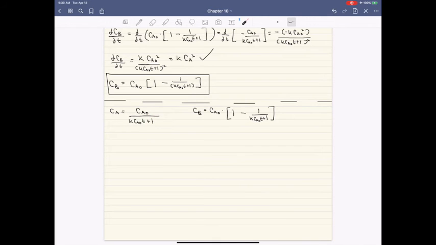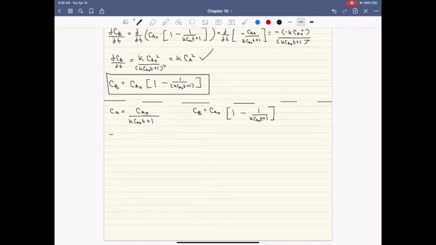Right? Because if t is really small, that means this term is really small, and it's going to be much smaller than 1. And on the opposite end of the spectrum, if t is really big, that means this term is also going to be really big, and it's going to be much greater than 1. And so let's think about what the repercussions of those limits are.